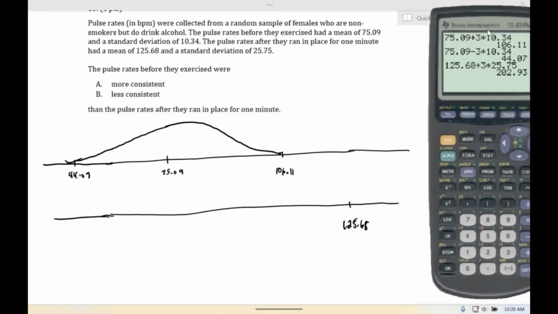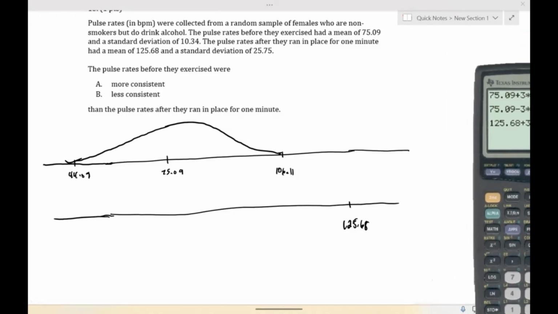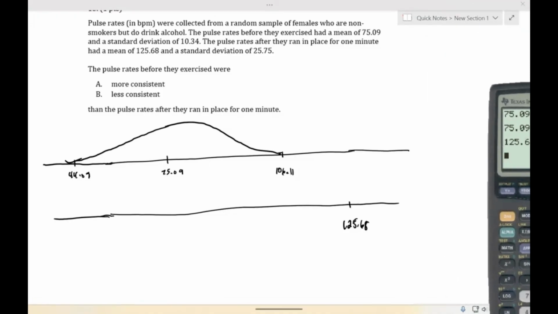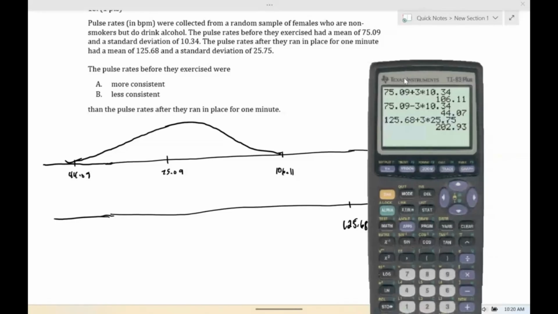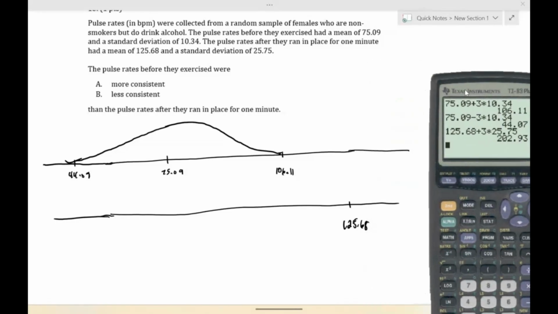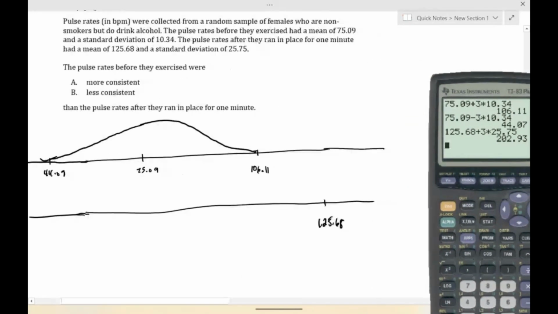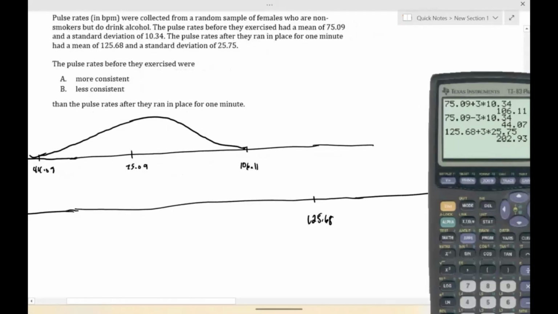And that gives me 202.93. So I'm going to guesstimate 202.93 here.